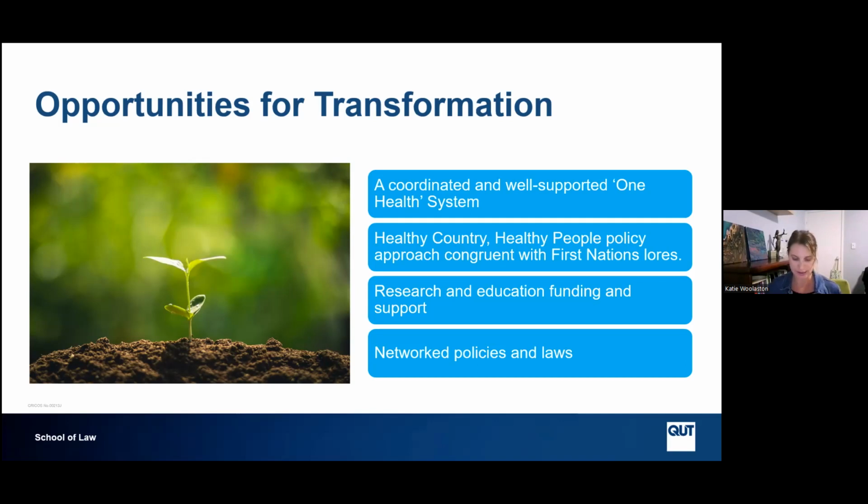This includes things like local voices in creating policies and laws, and really strong partnerships, rather than just consulting with Indigenous knowledge and taking that away and doing something else with it.